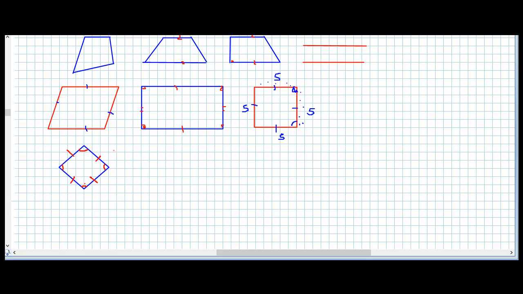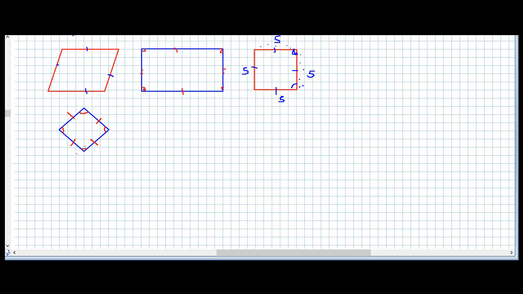We call this shape a rhombus, because all the sides are equal and each opposite sides are parallel, but not all the angles are equal. So we call it a rhombus.